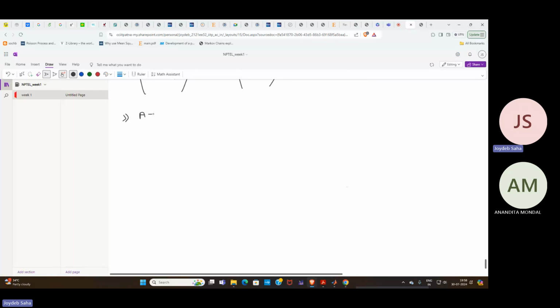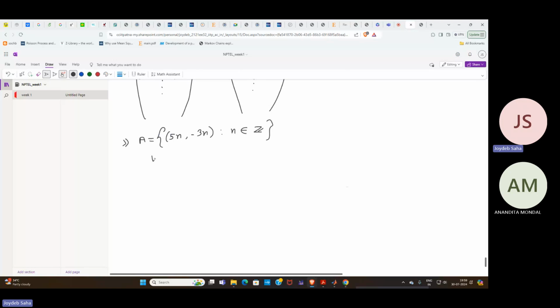Let us say set A is like that: 5n comma minus 3n, such that n belongs to Z, all integers including positive and negative.